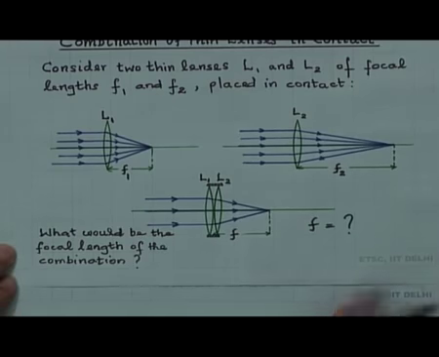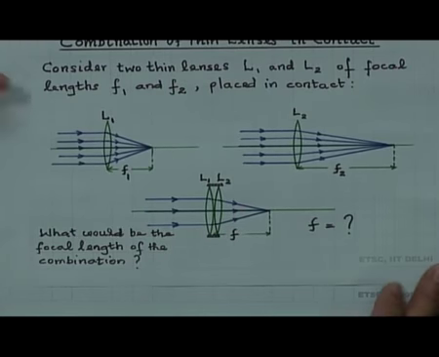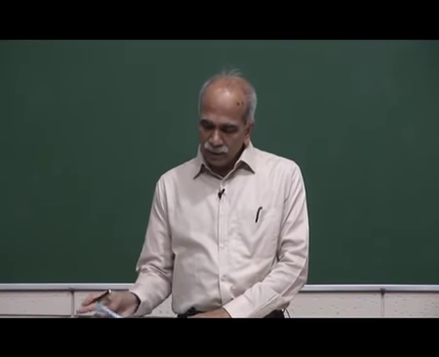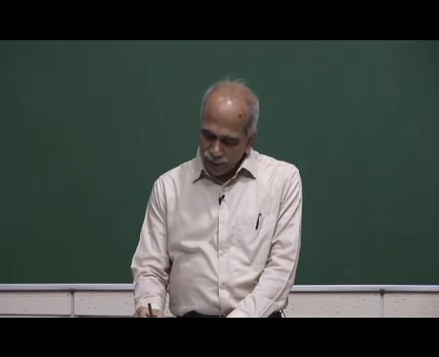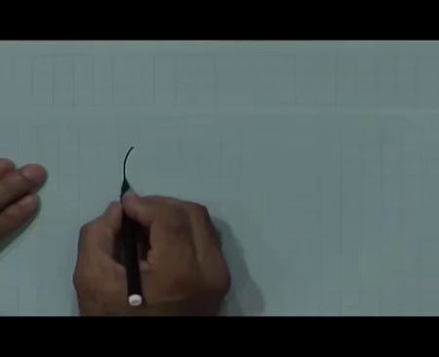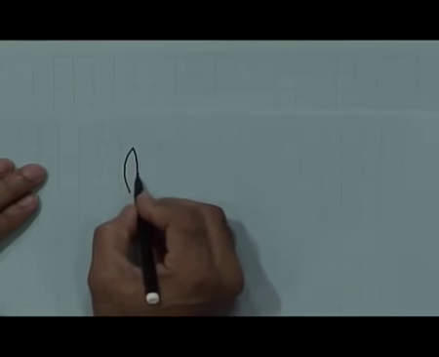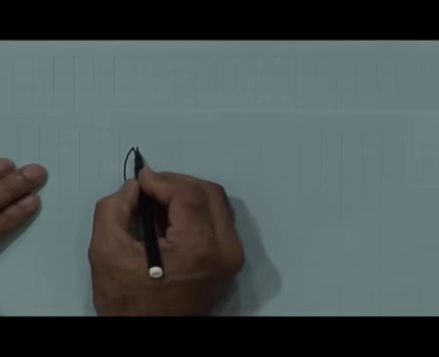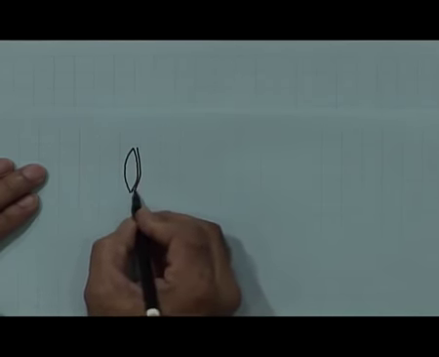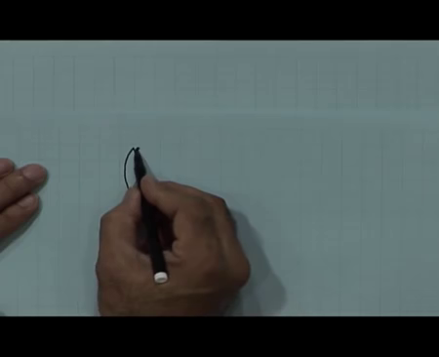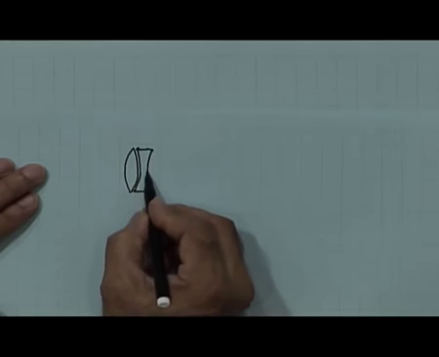So, we have to have a method of seeing that. As I said, there are other combinations which are possible. For example, we may have a convex lens like this and a concave lens which is also just in contact. So, here is the concave lens.